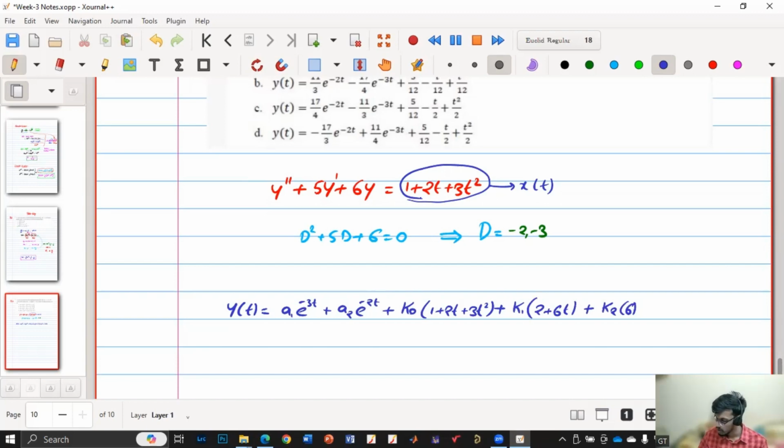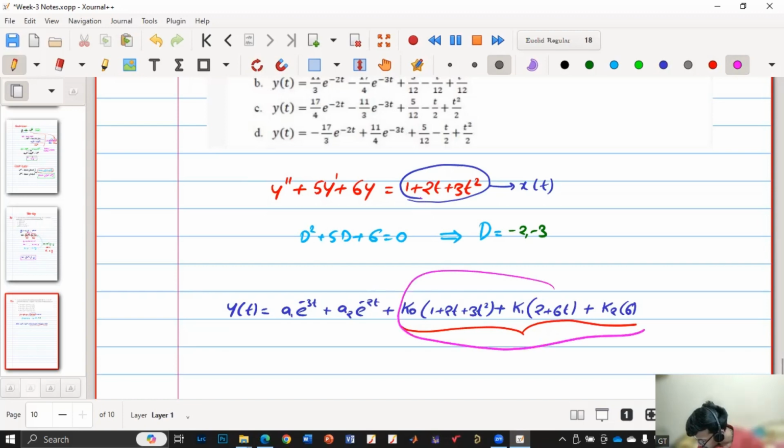Now first we will find the forced response. In any case, we first get the forced response because we substitute this expression back in the given equation and solve for k0, k1, k2. So you'll get y double dash plus 5 into y dash plus 6y is equal to 1 plus 2t plus 3t square, and then you solve.